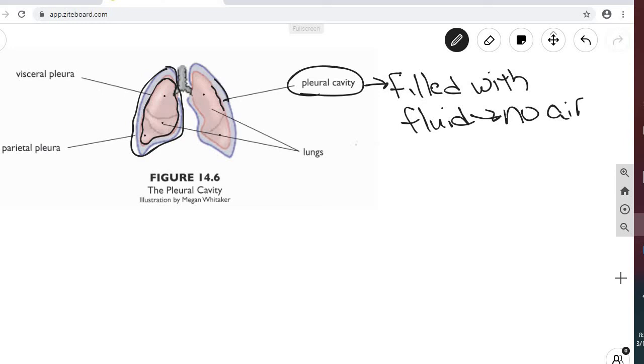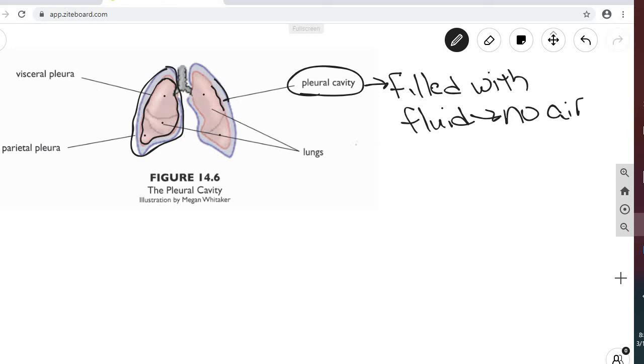And at the same time, there's a negative pressure from the ribs that keeps the lungs from closing. So these opposite pressures keep the lungs from collapsing completely, so that they will stay inflated.